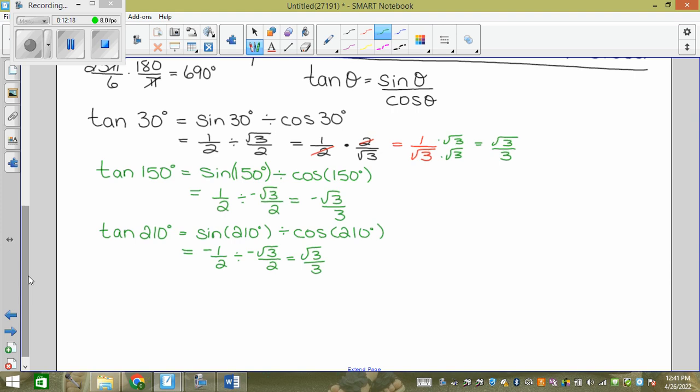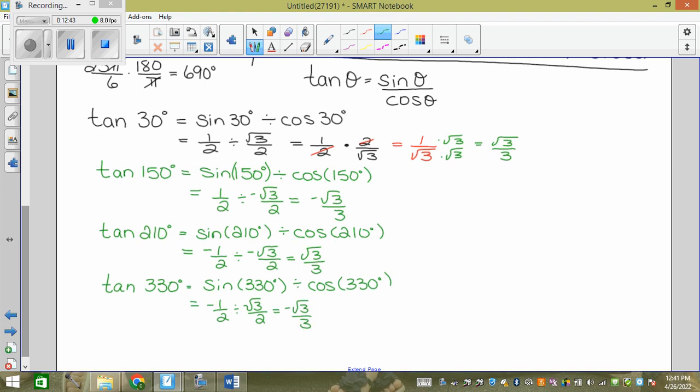And then tan of 330 equals sine of 330 divided by cos of 330. Which is, sine is negative 1/2, cos is root 3 over 2. So what's my answer going to be? Negative root 3 over 3.